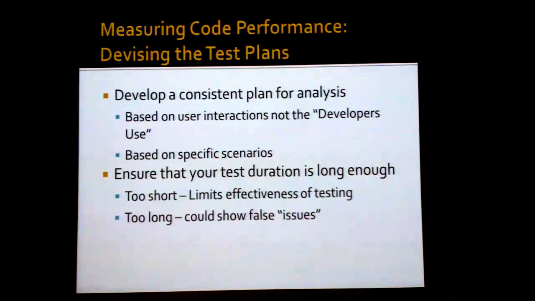You want to make sure that when you're testing, you're testing the way that the users are in the application, not necessarily the way that you as a developer would be going in and doing things. So if the user goes into your application, clicks through 5 pages, goes and does something else, then goes to this page and has a performance problem, make sure that when you're doing your monitoring, you go through that same process.